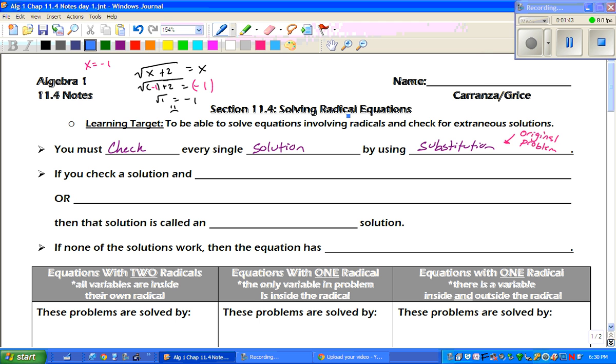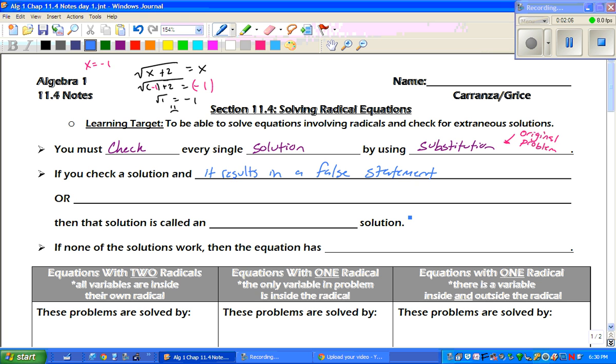So if you check a solution and it results in a false statement, okay, let's actually make that look like the word results.